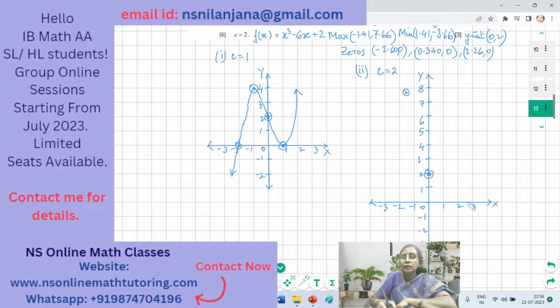And the minimum is 1.41 and negative 3.66, maybe over here. And okay, let me just write the coordinates as well.